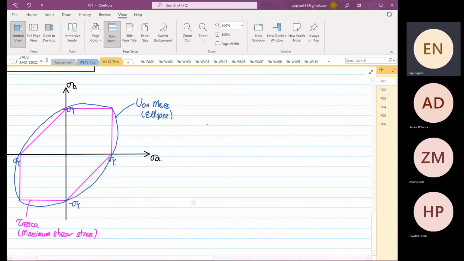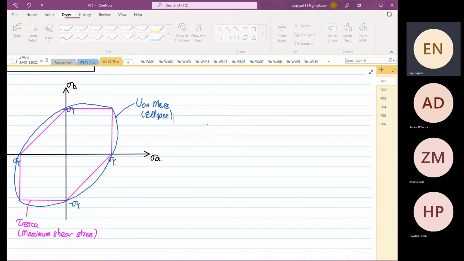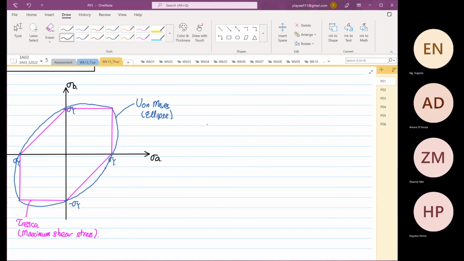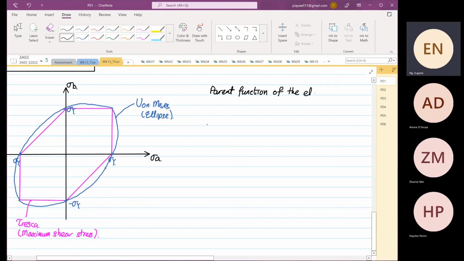If we look at the parent function of the ellipse shape, you have x squared over a squared plus y squared over b squared, and this is equal to 1.